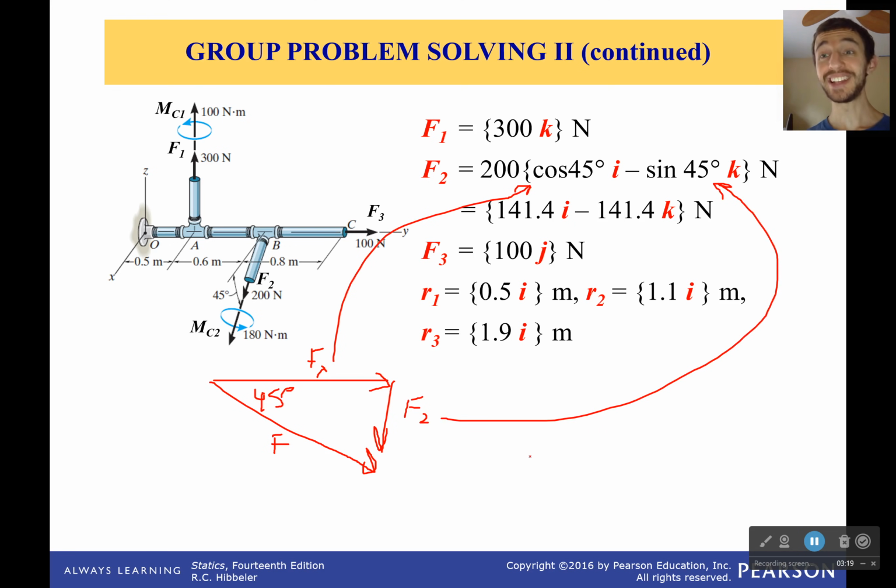Now, one really interesting detail is that since this force is in the xz plane, we can actually use our direction cosines to help us out. Because technically, sine of 45 and cosine of 45 are the exact same thing. So if I want to get the unit vector of force 2, like what direction it's pointing along, I just take cosine of the angle to the x-axis and cosine of the angle to the z-axis.